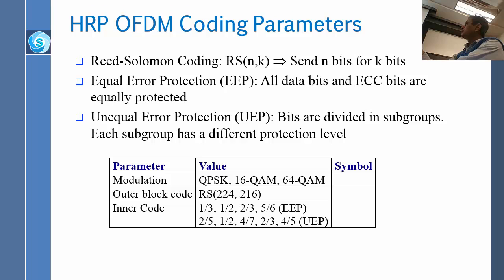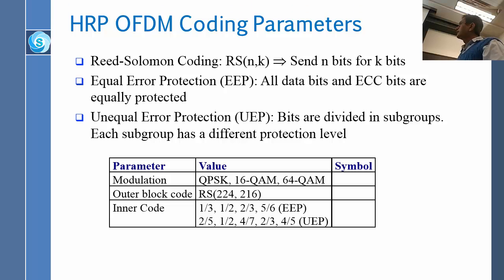This code, RS(N, K), tells you that instead of 216 bytes we will send 224 bytes using some formula. Similar to CRC, these bits are calculated using some polynomials. So 216 becomes 224. That is the first code.